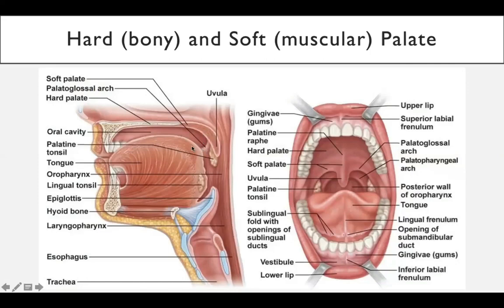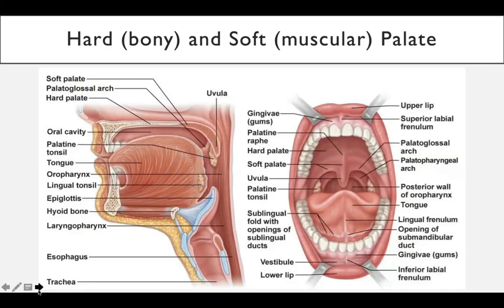This opening will be narrowed when the tongue is moved upward. It's fun. When the root and base of the tongue are pulled upward, this oropharyngeal isthmus will be narrowed down. So this area will be less open. Oh, okay. Now we know. Thank you.